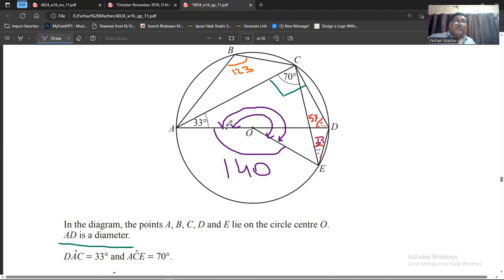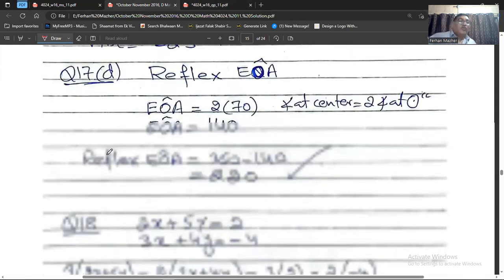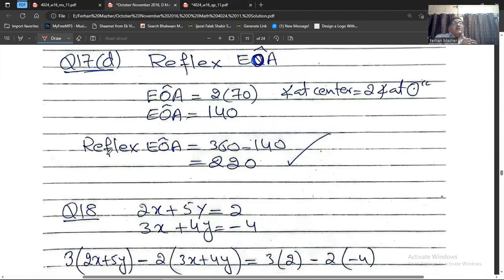Okay, so this is our strategy of the work. So the angle EOA will be equal to 2 times 70 because the angle at the center is 2 times the angle at the circumference. So the EOA will be equal to 140. The reflex angle EOA will be equal to 360 minus 140, and that will be 220.